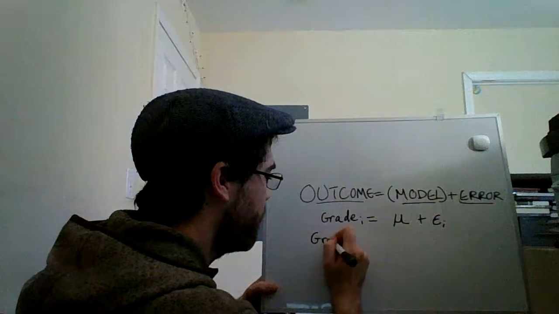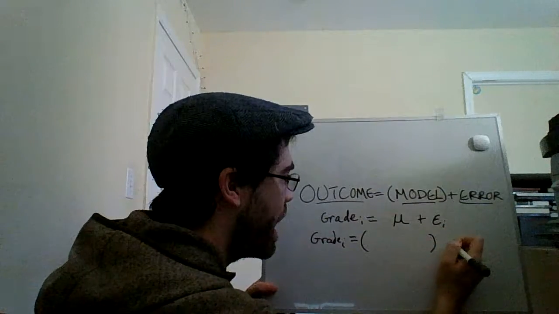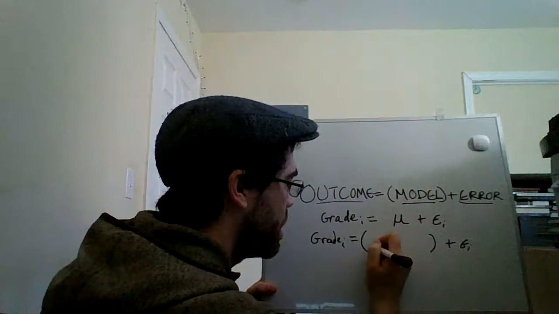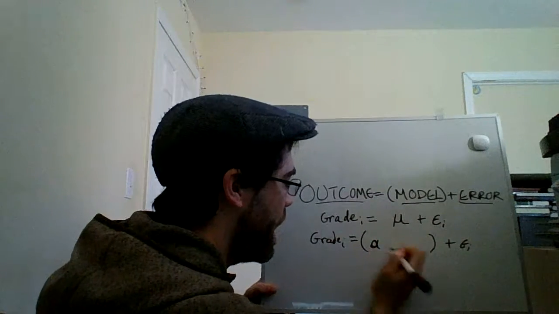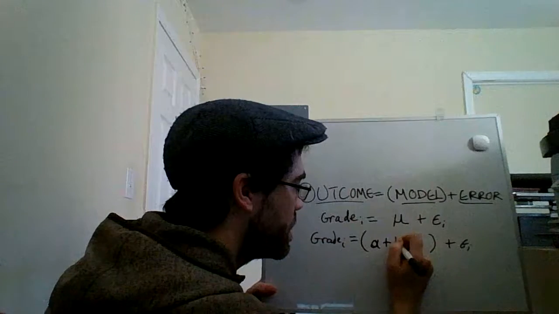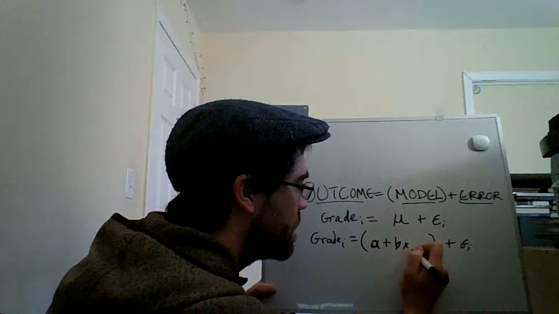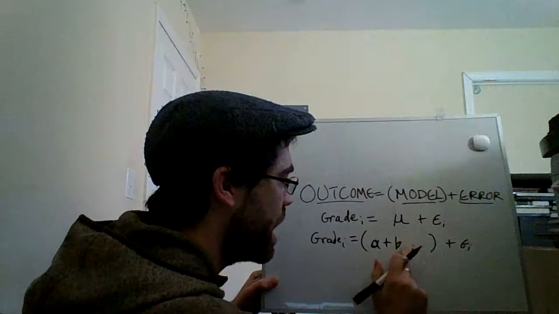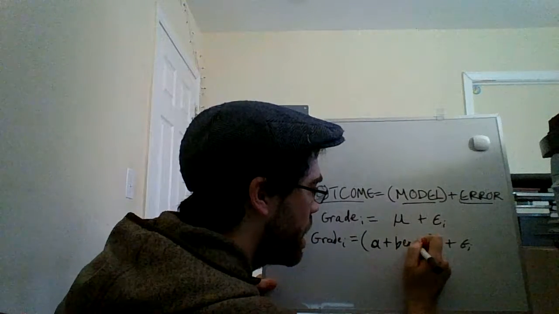So now we have grade of student i equals, we'll put the model in brackets and leave the error there. So now we have a constant, we'll call that alpha, plus a coefficient times the value of the x variable for that case. In this case, that x variable is exam grade.